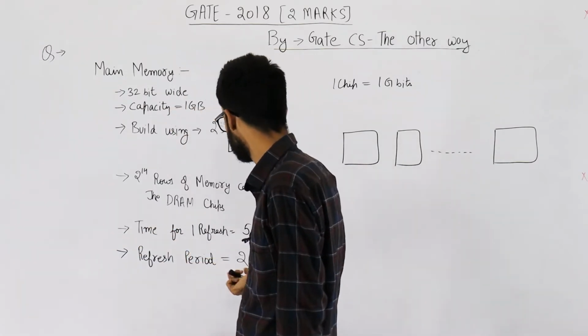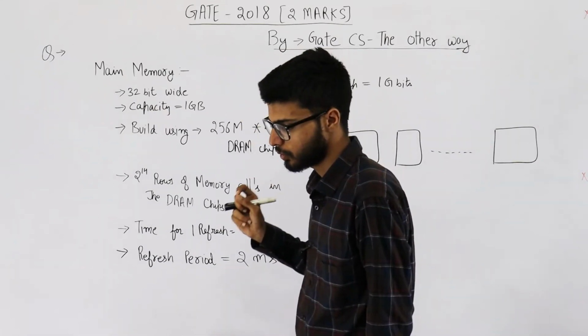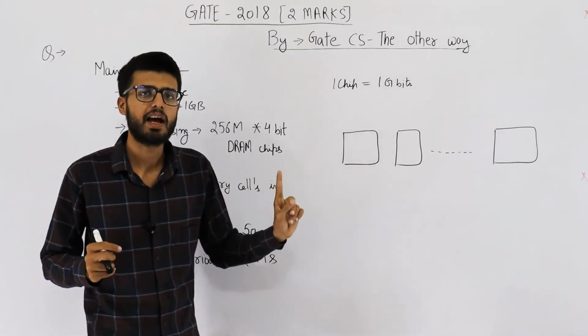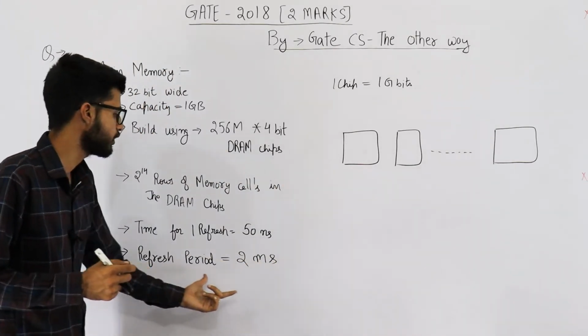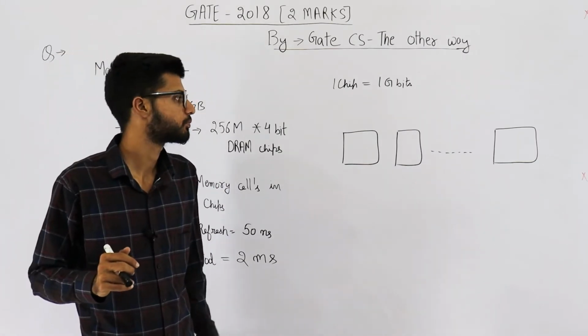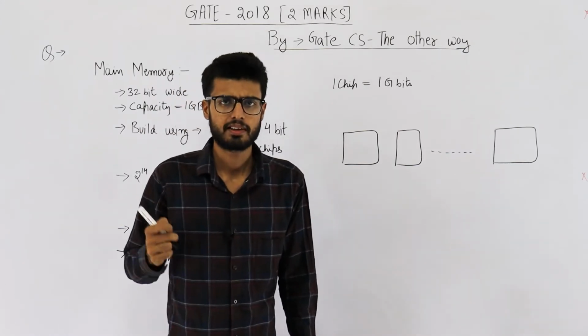This time is given as 2 milliseconds. This is called refresh period. So if this DRAM chip is not refreshed once in every 2 milliseconds, they lose the entire information that is saved. Now, this refreshing of DRAM chips will take some time.